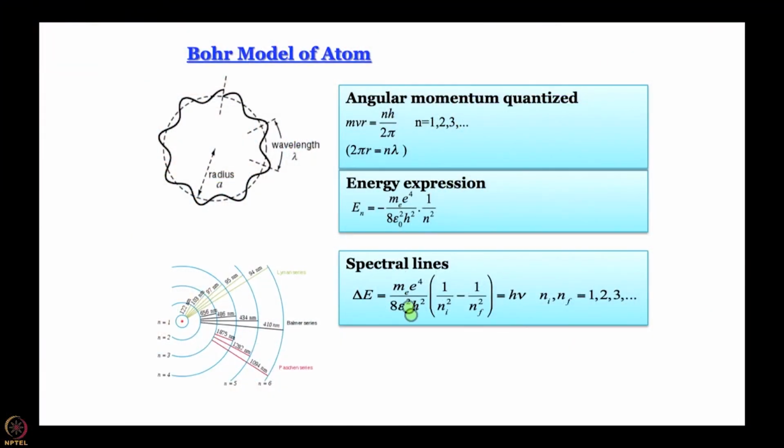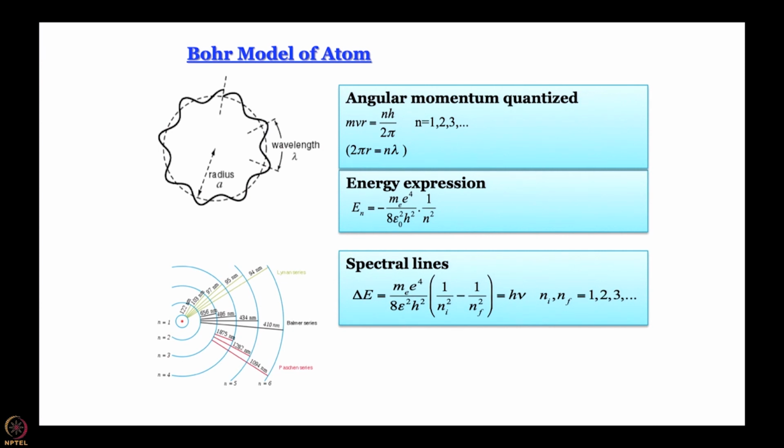But now let me just say what I actually said without showing you the formula here. From the energy expression, one can easily work out the energies of the spectral lines, and it comes out to be Me e to the power 4 by 8 epsilon square h square multiplied by 1 by n1 square minus 1 by n2 square, that will be equal to h nu. H nu is hc by lambda.